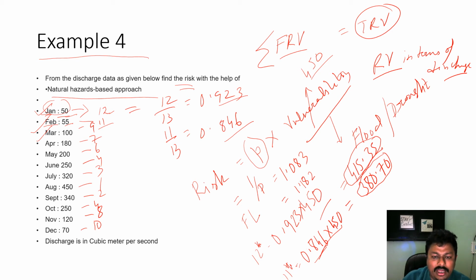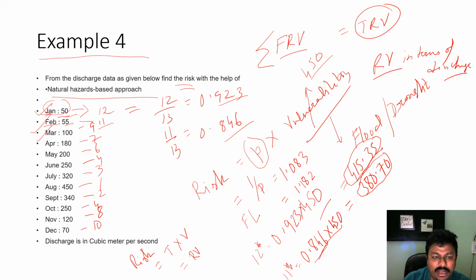So if I multiply the return period, indicated by T, with the vulnerability, then we will get the risk value, which will represent the correct risk of the discharges.